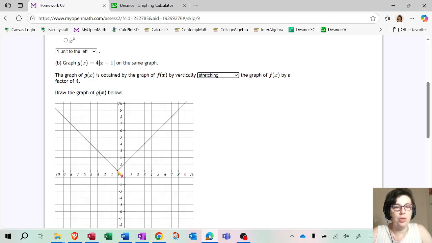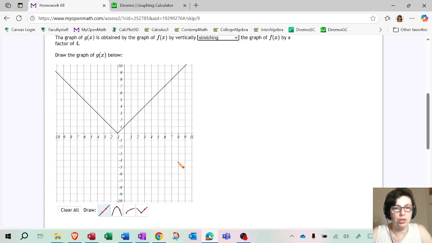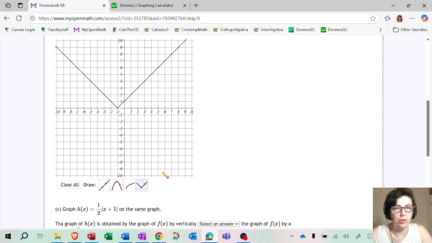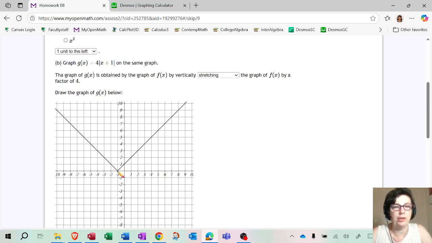Okay, so the 0 here is not going to change. So let's choose the absolute value graph. Because at negative 1, 0, when you multiply the y value by 4, it's not going to change. So remember, when you're doing vertical stretches, the x coordinates do not change. Only the y coordinates get multiplied by whatever number.